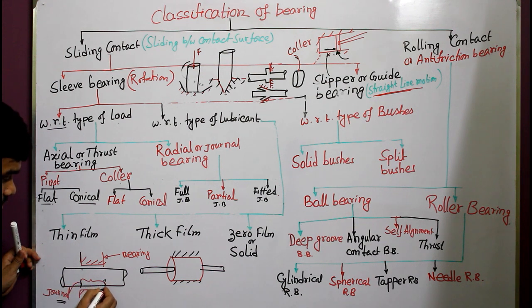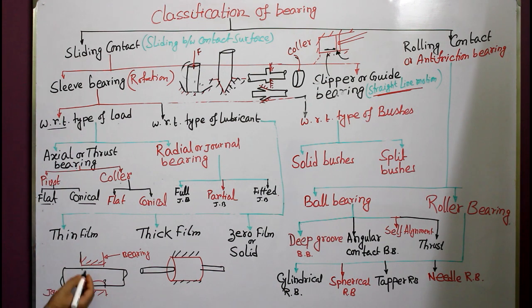This part is the journal, and this stationary part is our bearing. There is always a confusion about which is greater, or which diameter is more, the bearing diameter or the journal diameter.